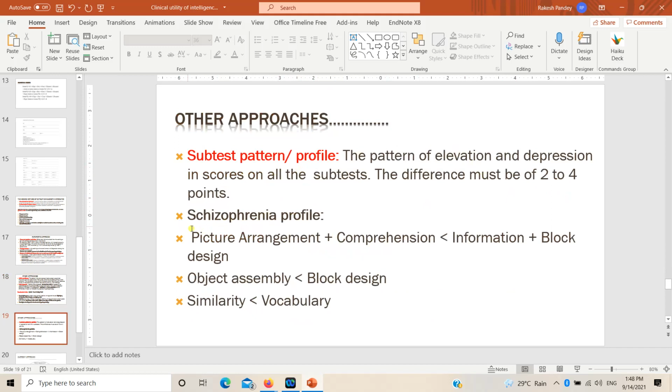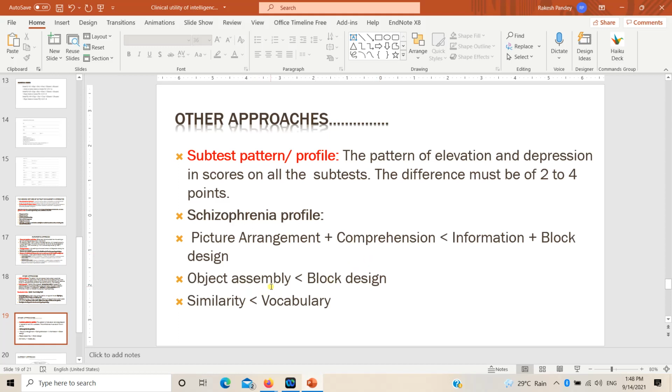So, for example, some researchers identified a schizophrenic profile. Picture arrangement plus comprehension is less than information plus block design. Why? Because schizophrenics are socially aloof, and therefore picture arrangement and comprehension, which involve a lot of social information, are likely to be scored low.